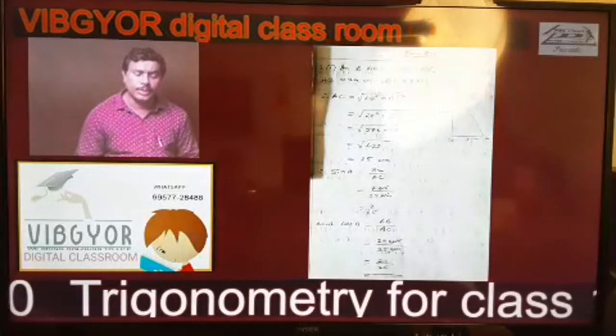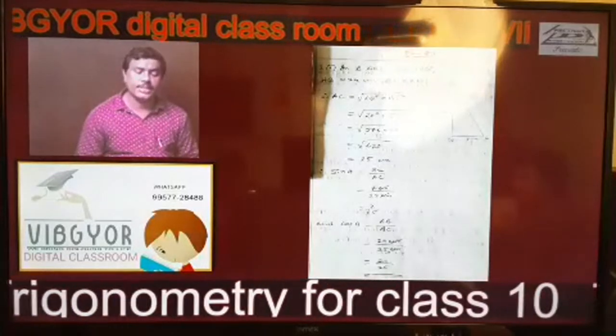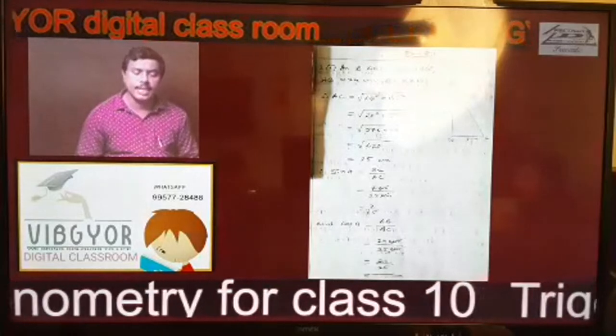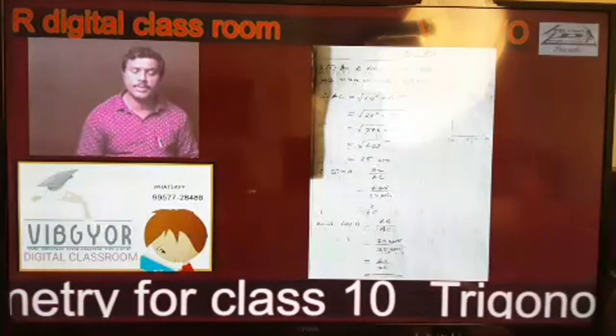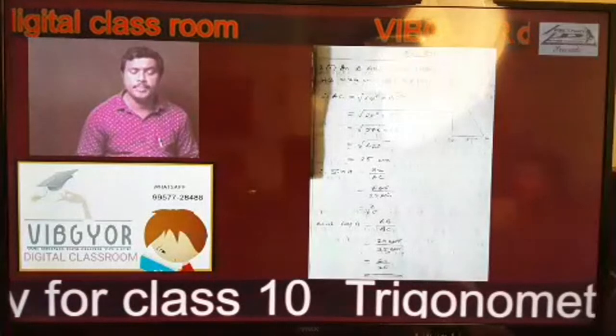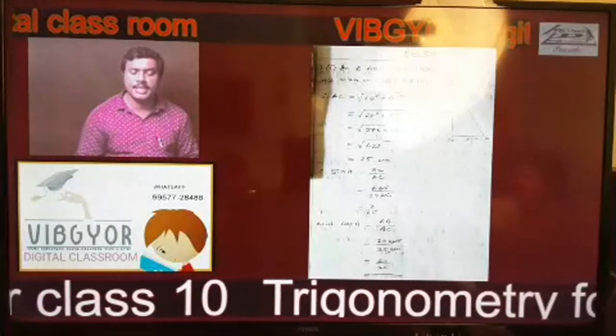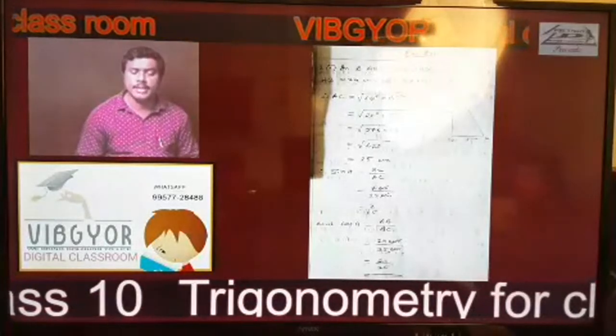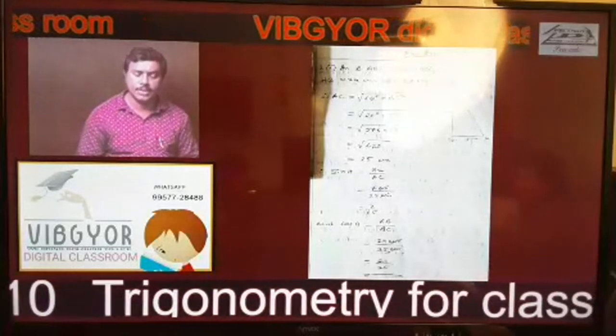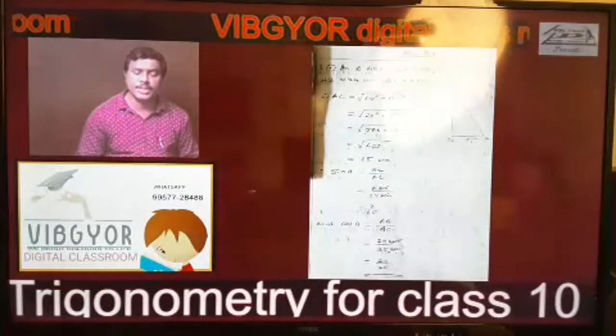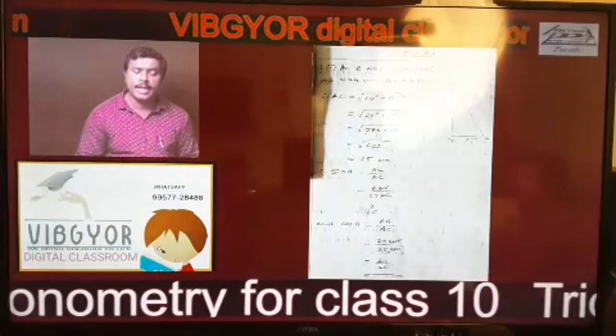Now we have to write sin A. Sin A, that means with respect to angle A, AB is the base and BC is the perpendicular and AC is the hypotenuse. So sin A is the ratio of perpendicular and hypotenuse.